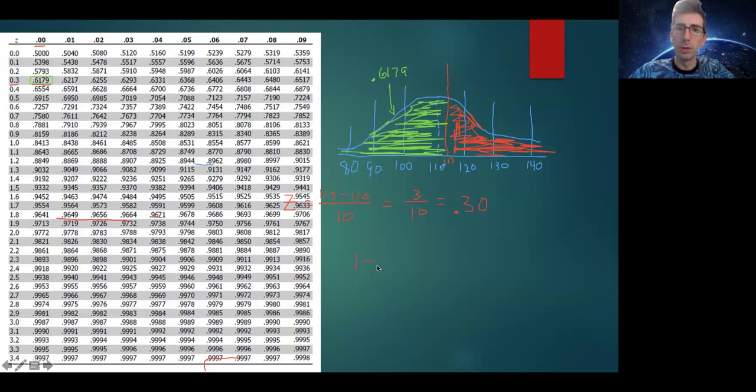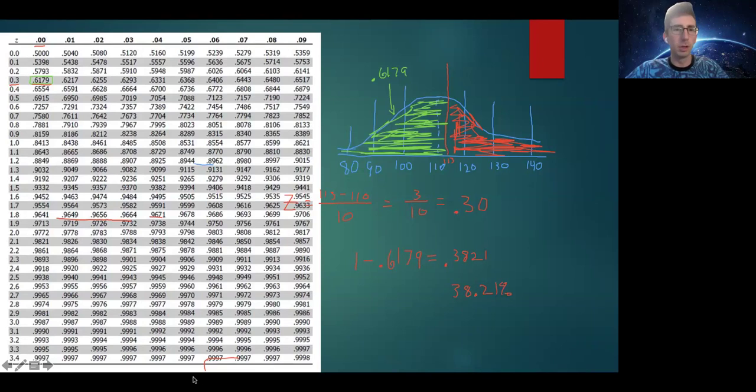So if we just take 1 minus 0.6179, we will get 0.3821, or 38.21%.